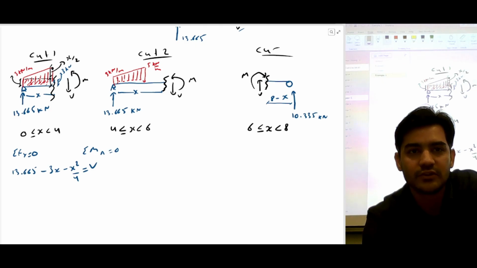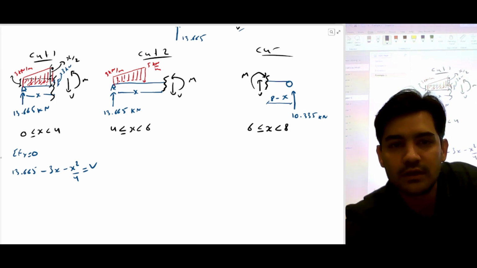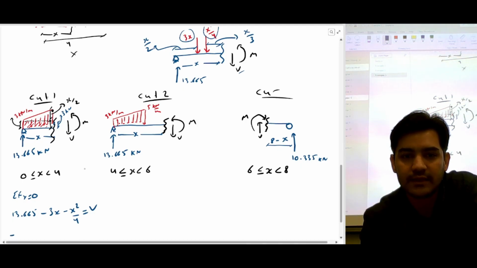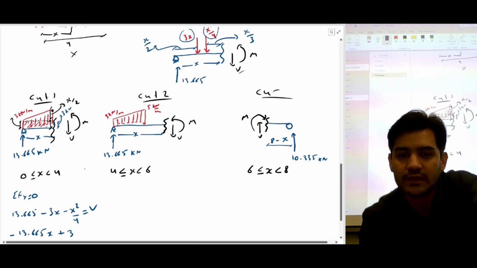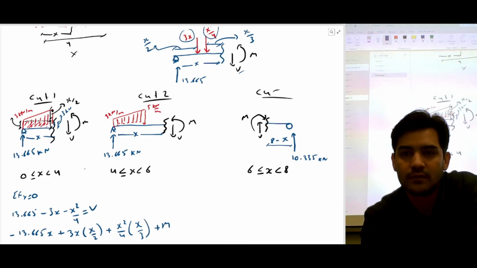So if I do summation of moment, what we're going to get is clockwise negative 13.665x, and then anti-clockwise positive 3x into x by 2, and then anti-clockwise positive x squared by 4 into x by 3, and then we'll have moment M is equal to 0.